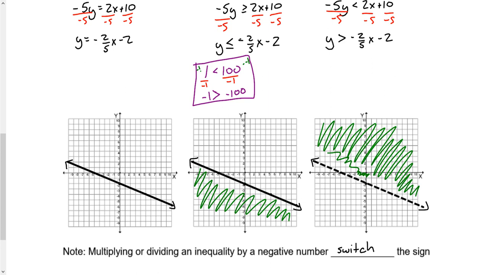But the difference between this question and this question is that each of these points that are on the line are solutions. Whereas the points on this one are not solutions.